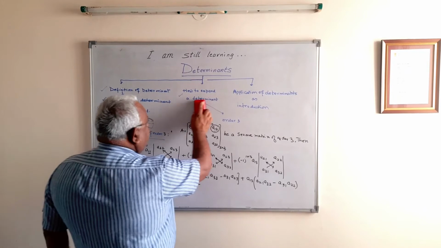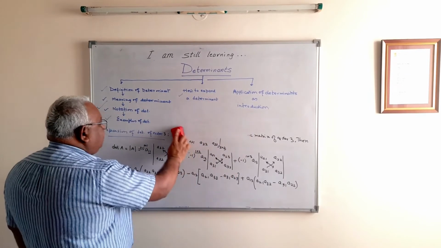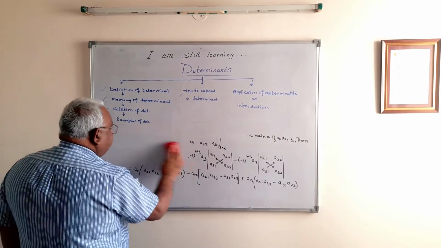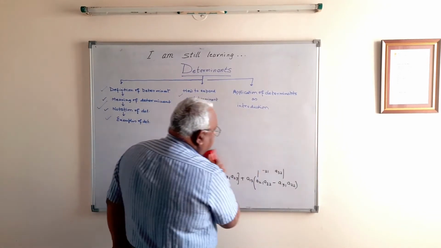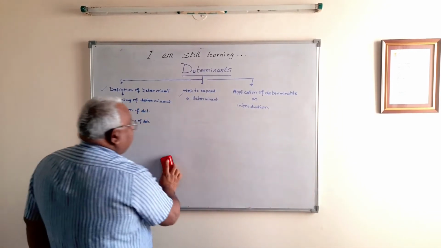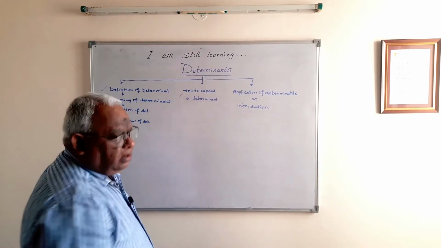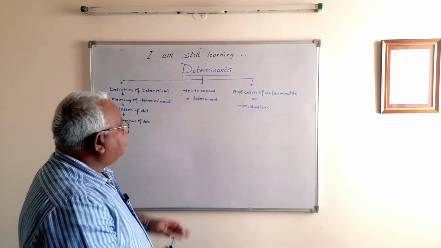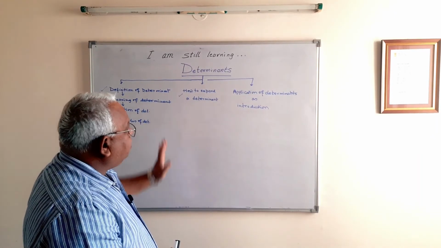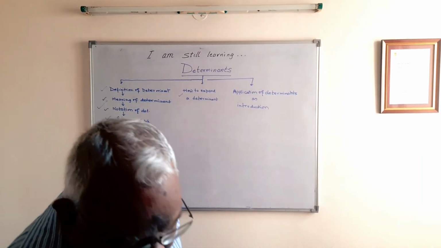When you take order 4, the procedure of expanding is also the same. When I explain the expansion of the determinant in detail in the later part, you can expand a determinant of any order. So you need not worry, right?